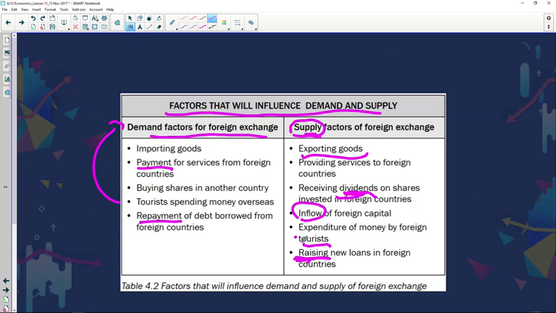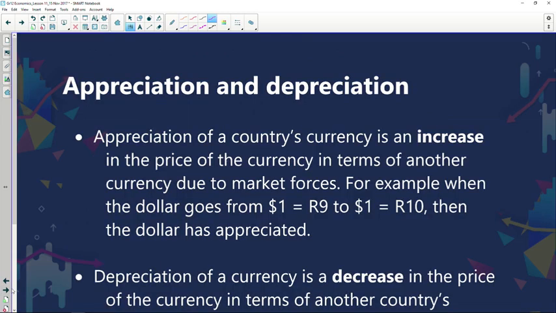So it causes an expenditure of money by foreign tourists, and that will create a huge demand in the supply. The table here shows us the factors that will influence demand and supply when we are looking at the foreign exchange.